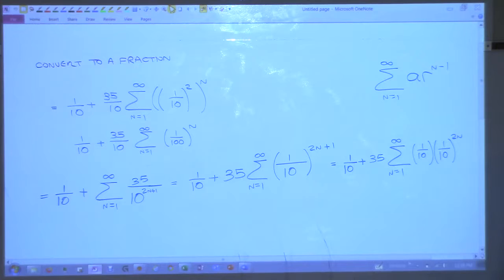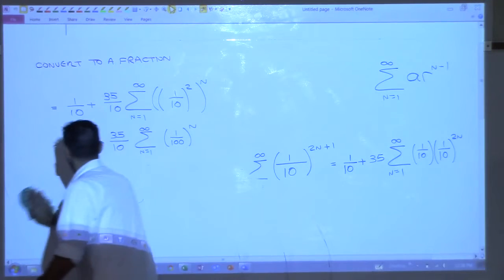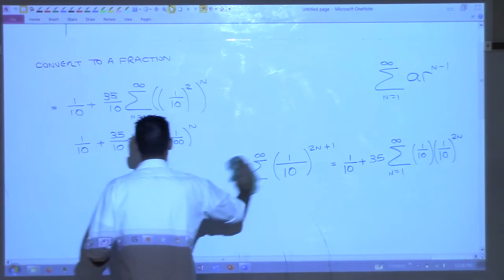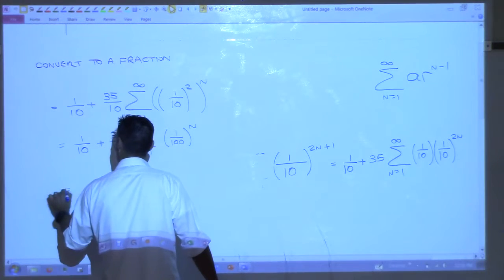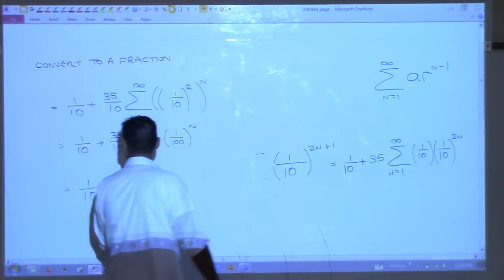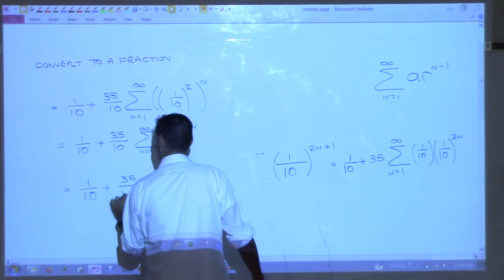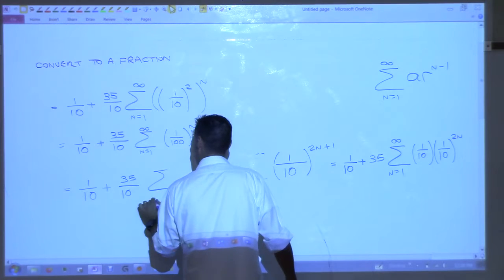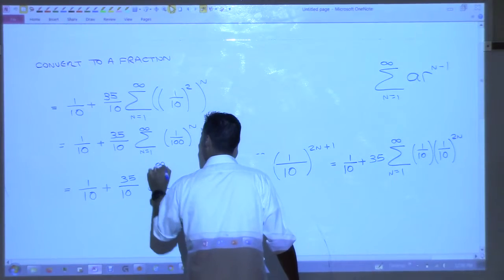We're getting there because I need it to be not n, but what? N minus 1. So now the minus 1 plus 1. Sum n equals 1 to infinity.